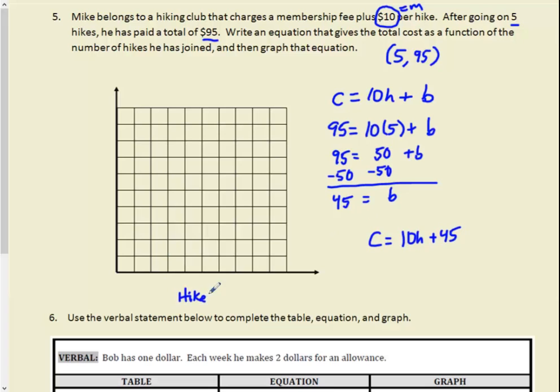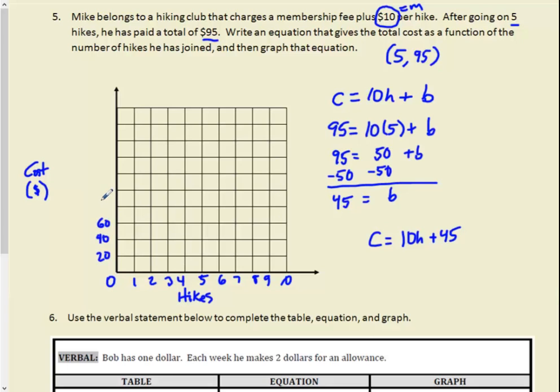And then to graph this, we can look at the number of hikes, and then we're going to look at the total cost that he has to pay, in dollars. I'm going to go by 20s. You could, if you want, put a little squiggle in the line here because there's no value below 45. That's where we start.